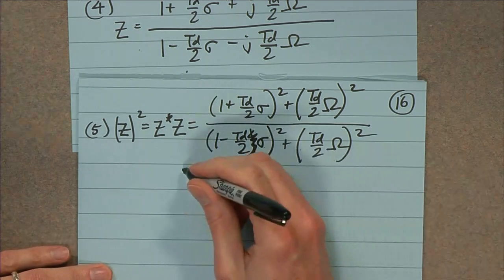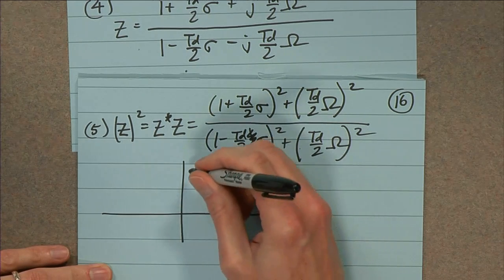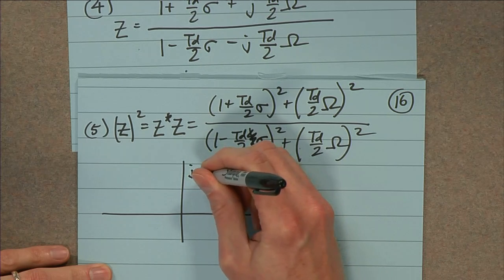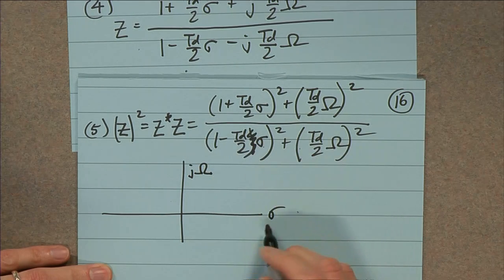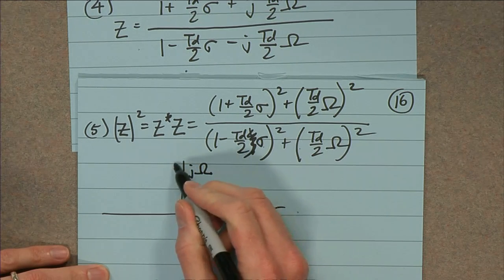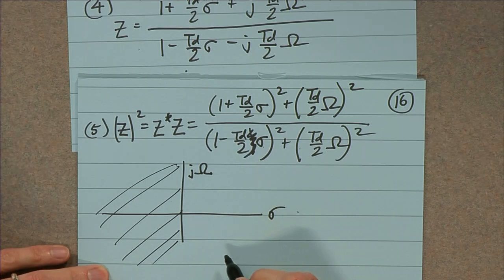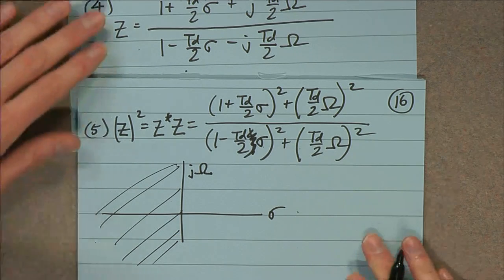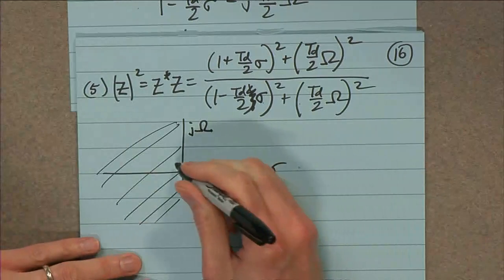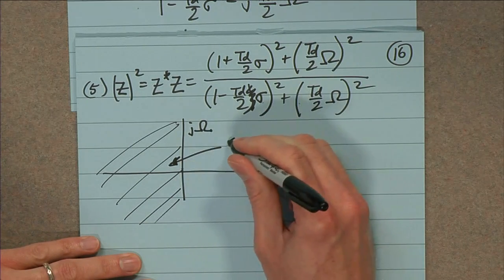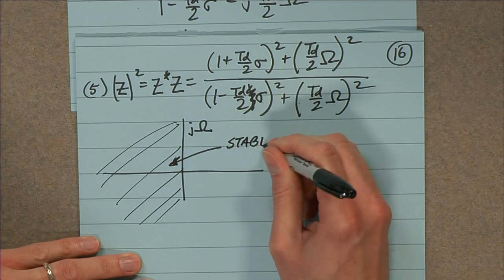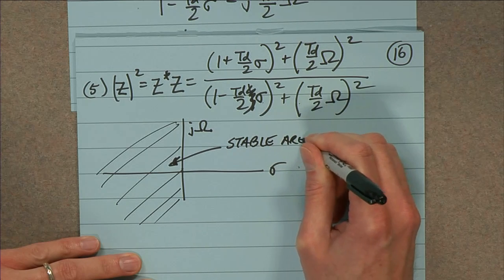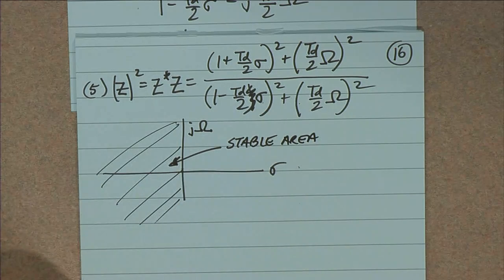If we draw a picture to help us remember that, we have the j omega axis, the real axis, and all this area over here is the stable area for systems, because the poles are in the left half plane.